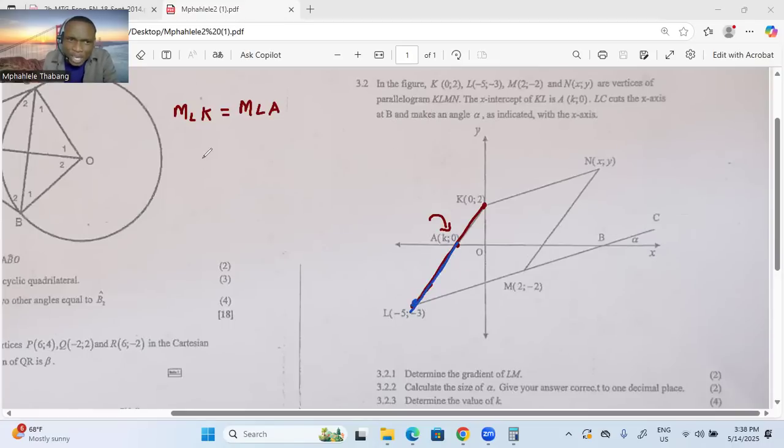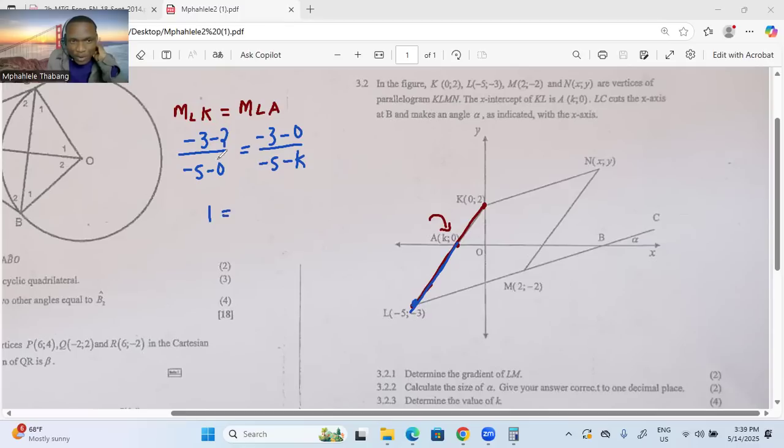So the gradient of LK is minus 3 minus 2 over minus 5 minus 0, which equals the gradient of LA, which is minus 3 minus 0 over minus 5 minus K. On the left, minus 5 over minus 5 is 1 on a calculator.